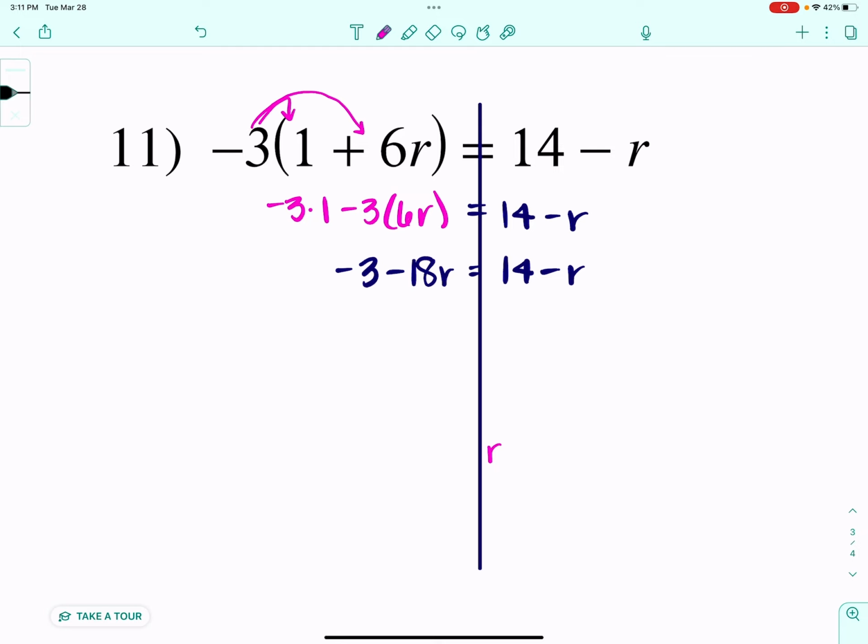I can only move things using inverse operations. So if I want to move a negative 18r, I need to add 18r. And I can only do it in one place on each side of the equation.